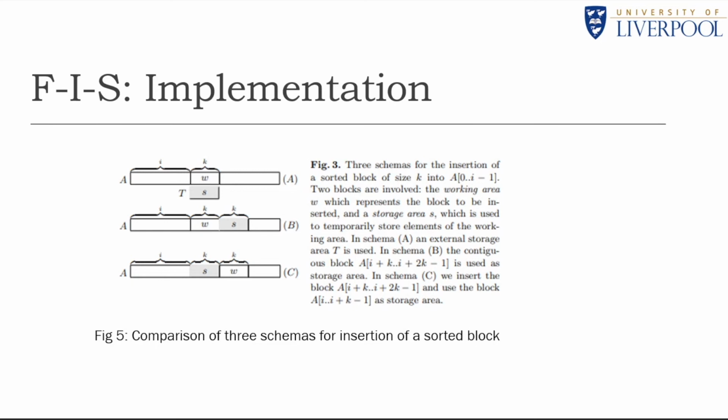However, in schema B, the contiguous block from I plus k to I plus 2k minus 1 is used as a storage area, while in schema C, we insert the block from I plus k to I plus 2k minus 1, and the difference here is that we use the middle block from I to I plus k minus 1 as a storage area.